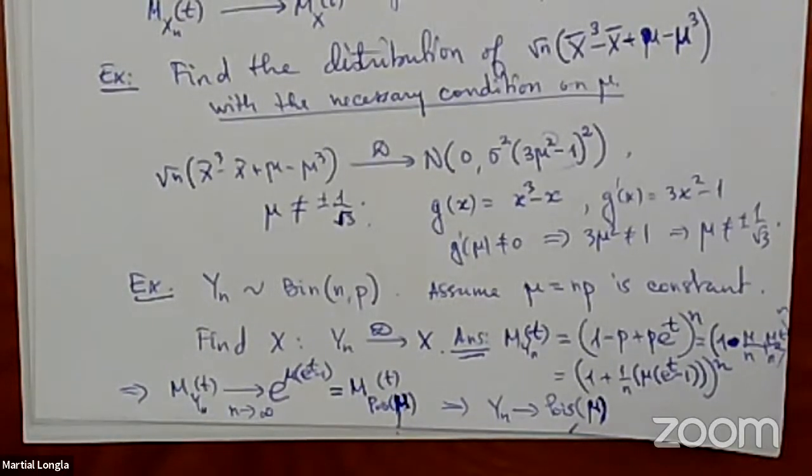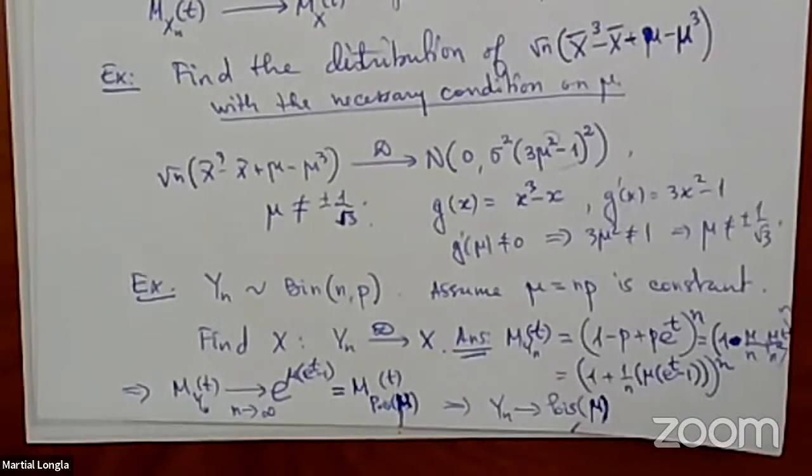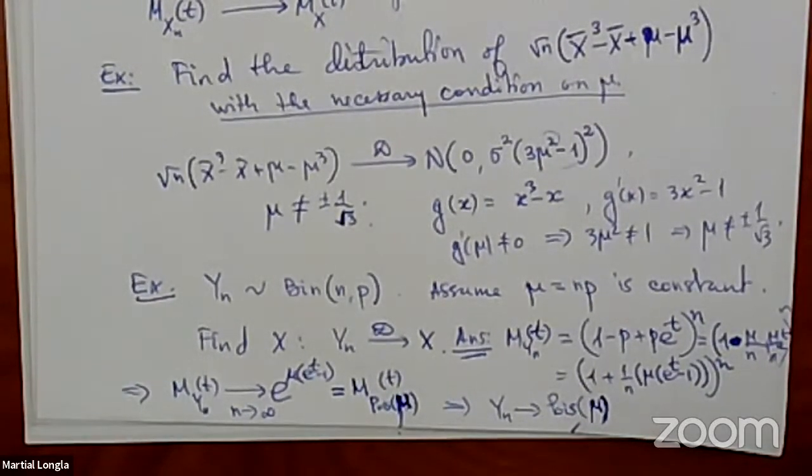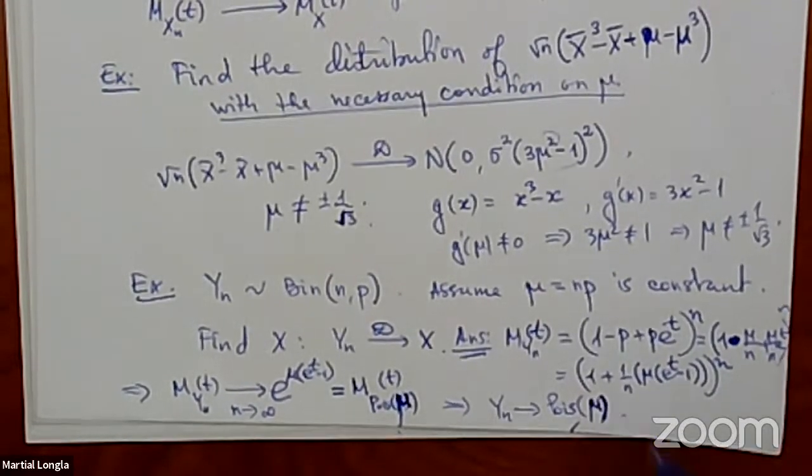You maybe used it 2 years ago. So for large n's, this is approximately Poisson. And there is another one that will take us back to the normal distribution. Any questions on this? Does it make sense?